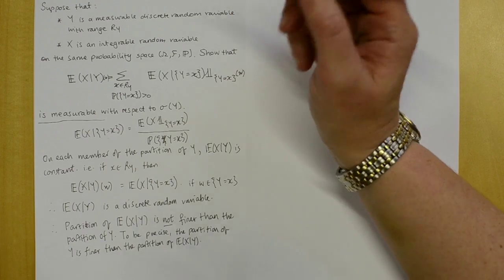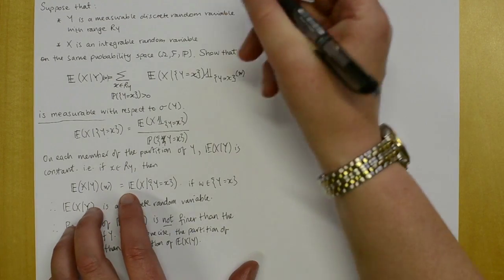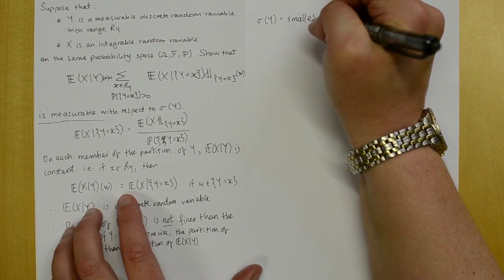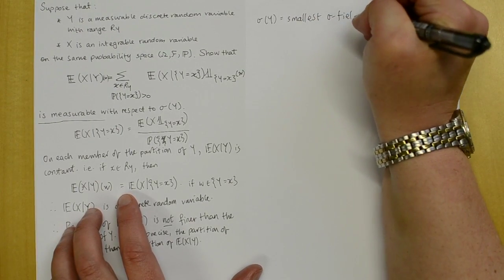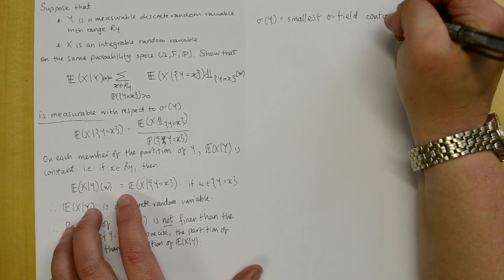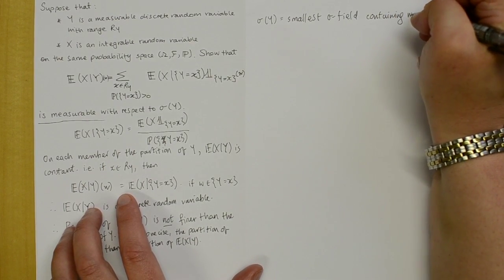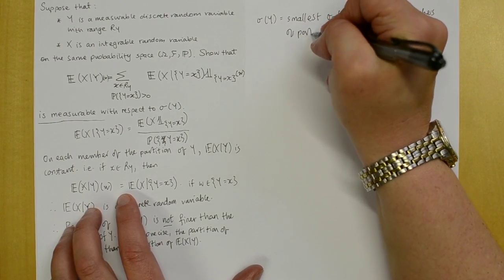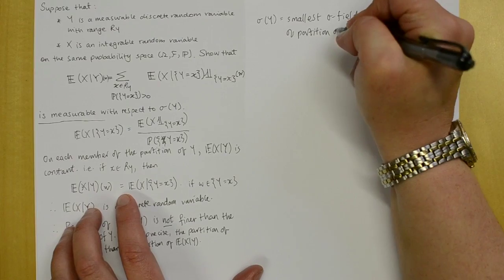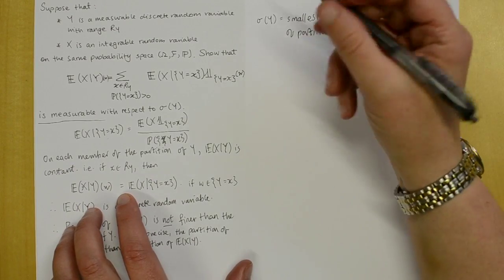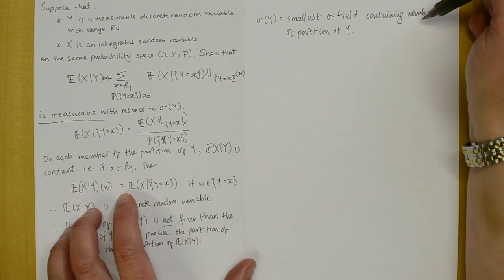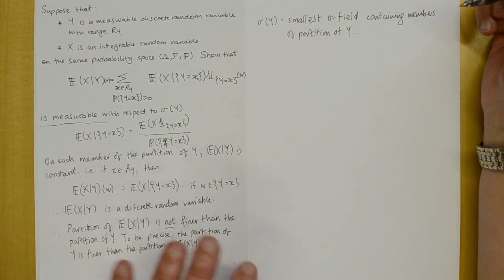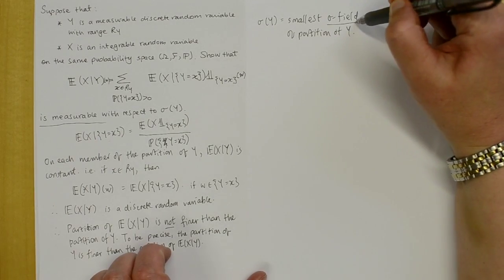Now, the reason why this is important is because, remember, sigma of y is the smallest sigma field containing the members of the partition of y. If it contains two members of the partition of y, it will also contain all the countable unions of those, because of course it is a sigma field.